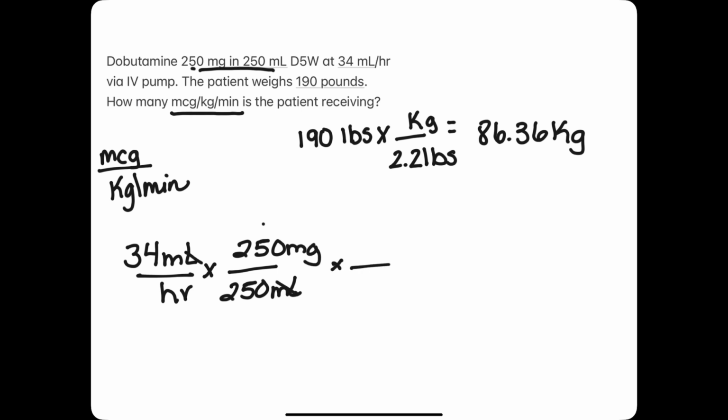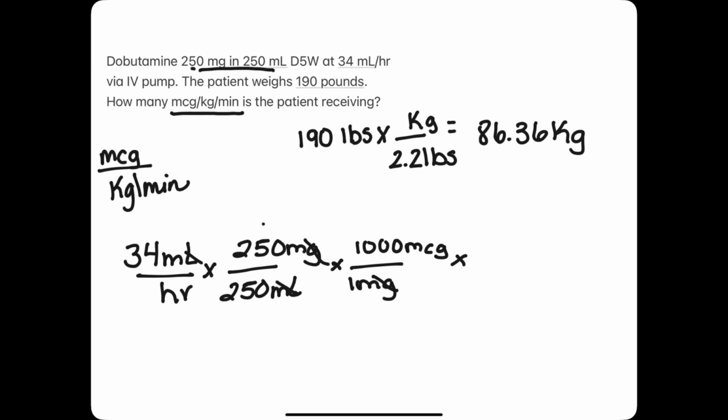Now I'm in mgs, and our answer needs to be in mcgs. So we know that 1 mg is equal to 1,000 mcgs. All right, so mgs cancel out, and we're left with mcg per hour.